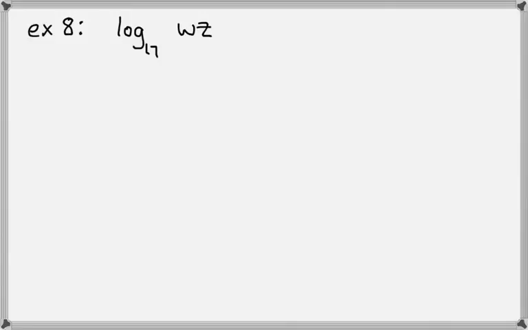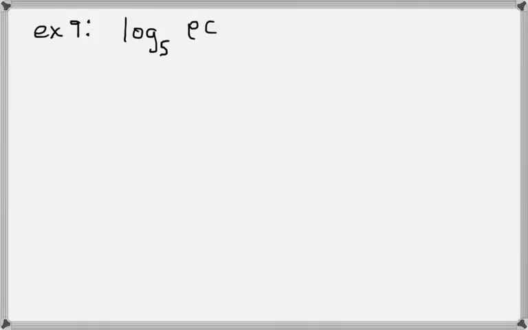Here we have log base 17 of wz. Again, it matches the product property. We have the log of some base of two things multiplied together. We can split that up into two logs. So we have log base 17 of w plus log base 17 of z.